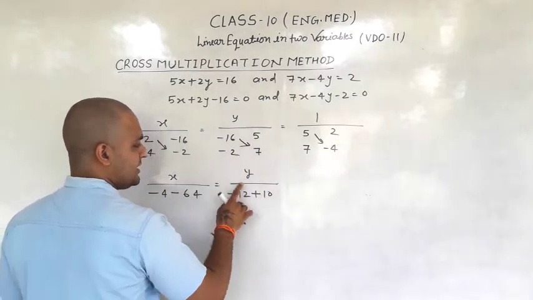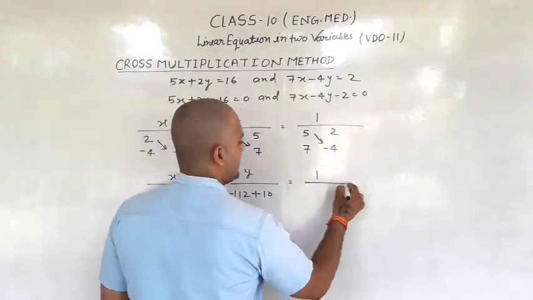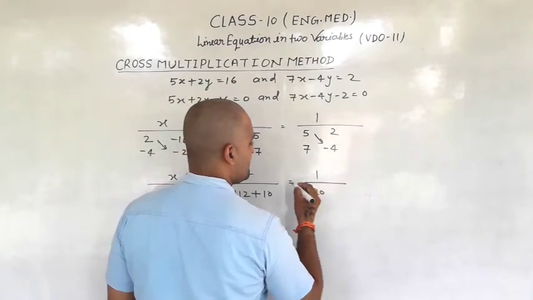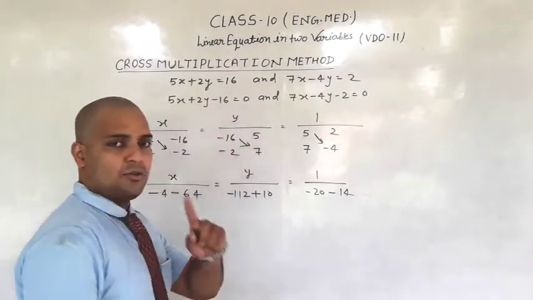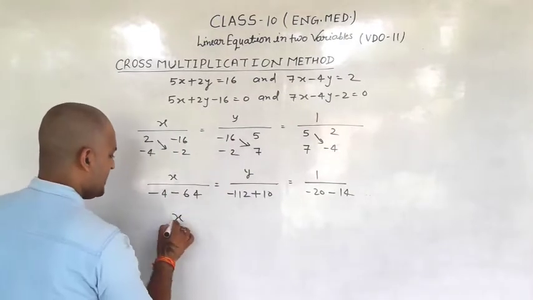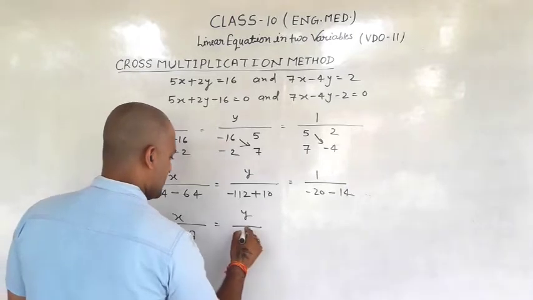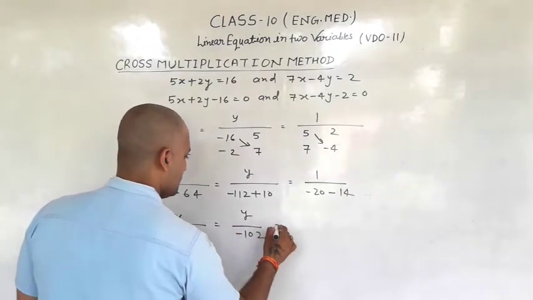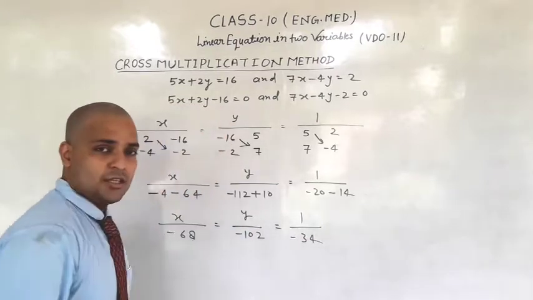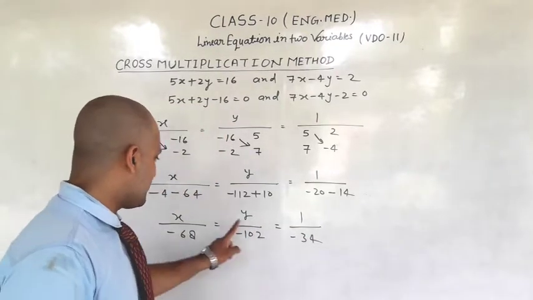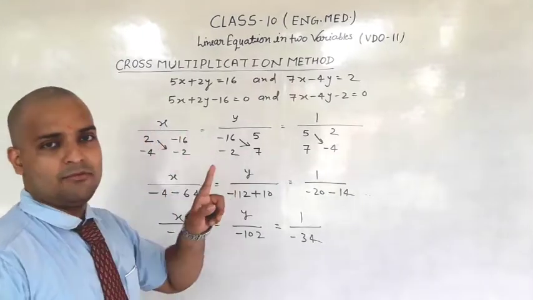Then the last: 5 times minus 4 is minus 20, minus 7 times 2 is minus 14, giving minus 34. So x upon minus 68, y upon minus 102, 1 upon minus 34. Now we take this and this to find x, and this and this to find y.